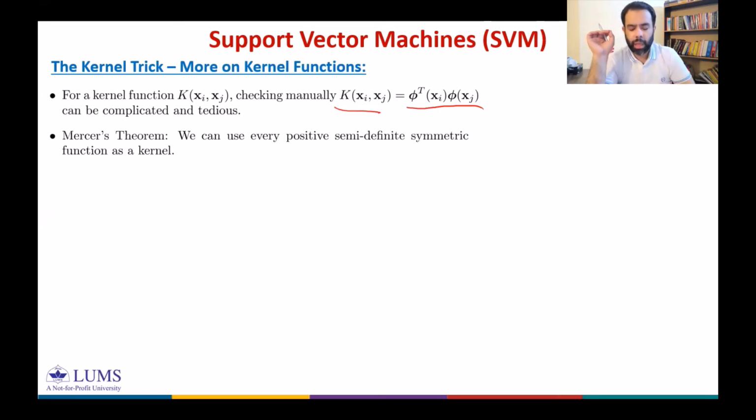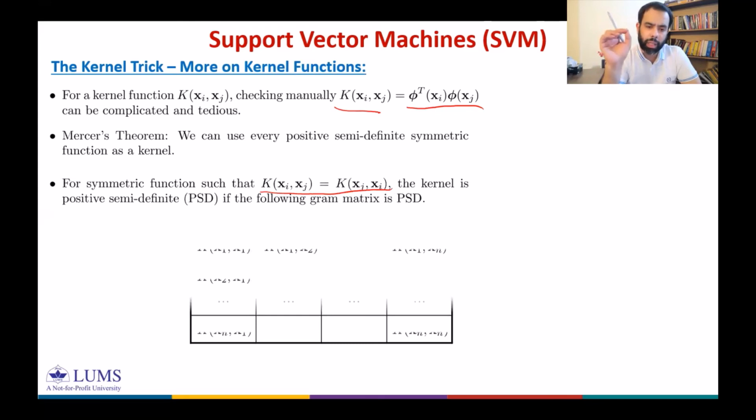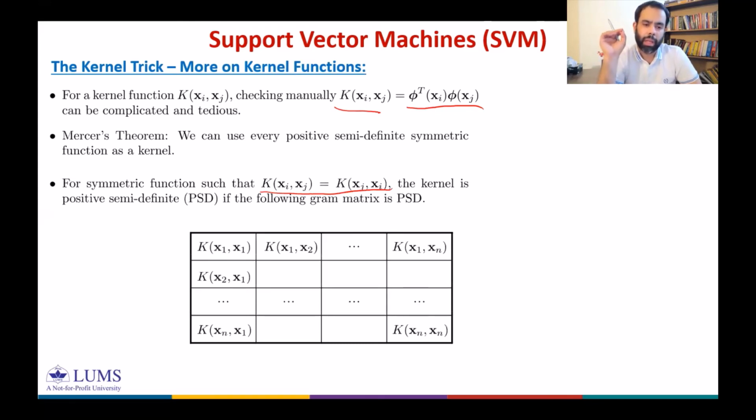It simply means if you have a symmetric function such that kernel of xi xj is equal to xj xi, we say the kernel function is positive semi-definite if the following Gram matrix is positive semi-definite. We know positive semi-definite matrices. We have studied this in detail.